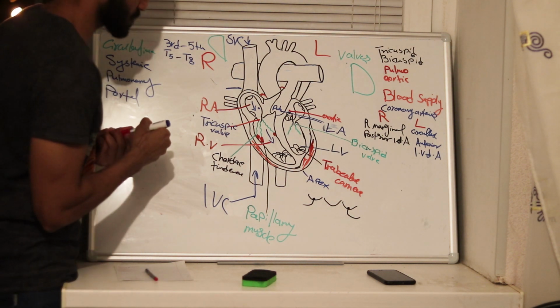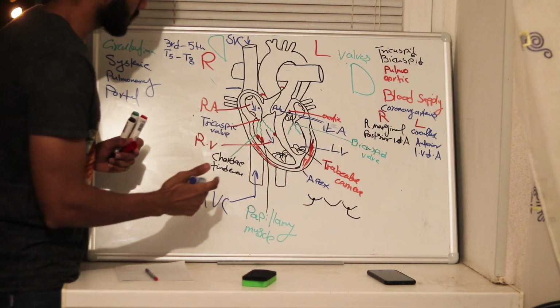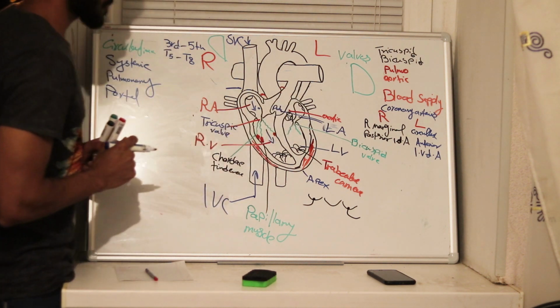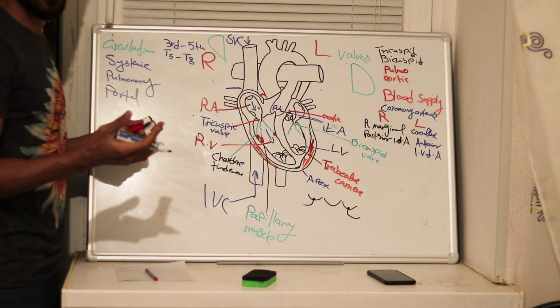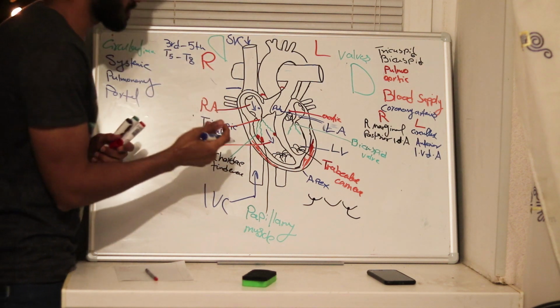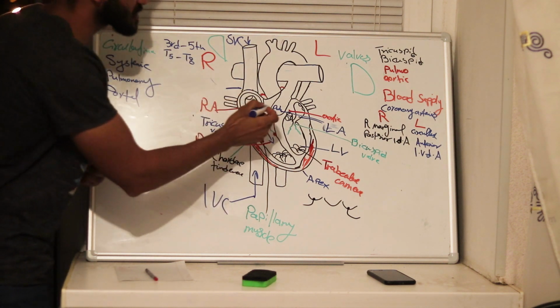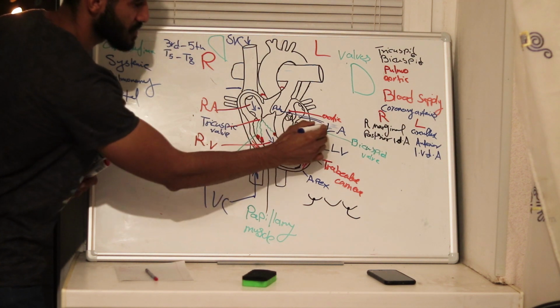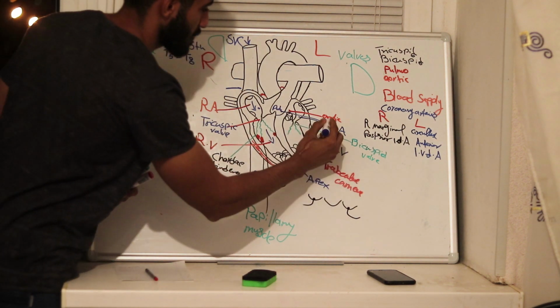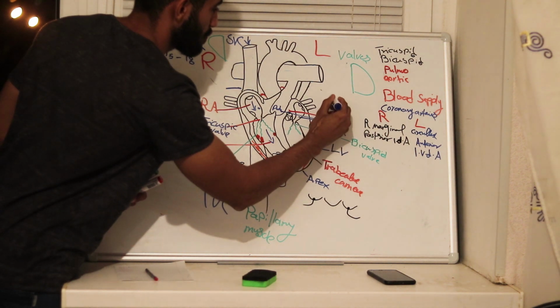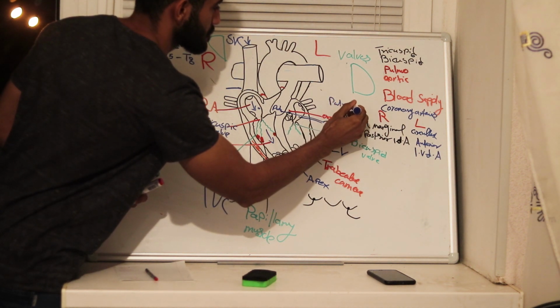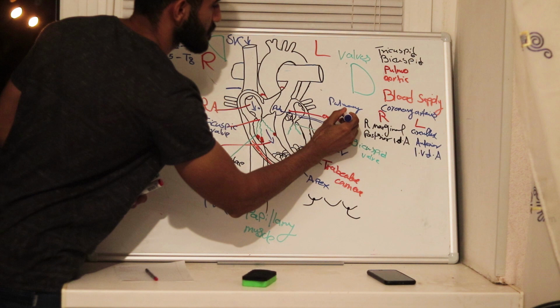Then the blood flows by the contraction of the ventricle to the pulmonary trunk. As it's the pulmonary trunk, there is a valve also: the pulmonary valve.